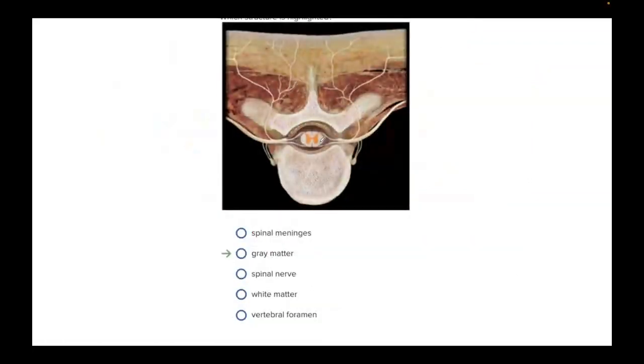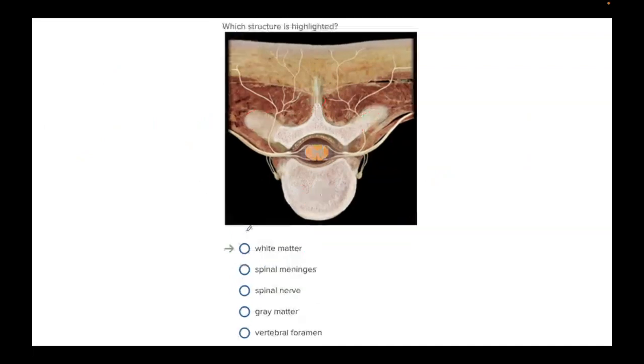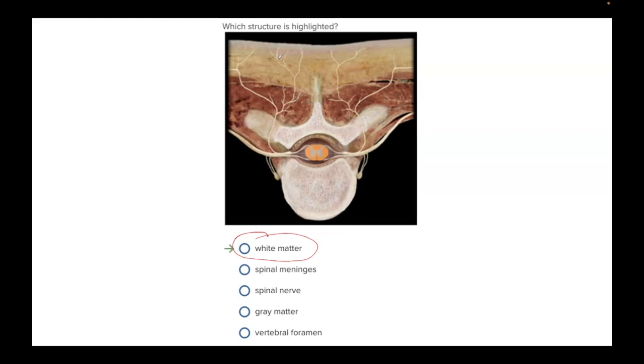Right here, this is the vertebral body. This is the spinous process of the vertebra. Here are your TPs, your transverse processes. The spinal cord here is in the middle. So what's the highlighted orange part? Well, that's the gray matter. What's the highlighted part around the gray matter? Well, that's white matter. Let's go a step further. What would this be right here?